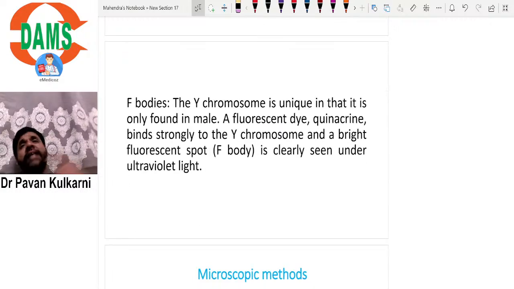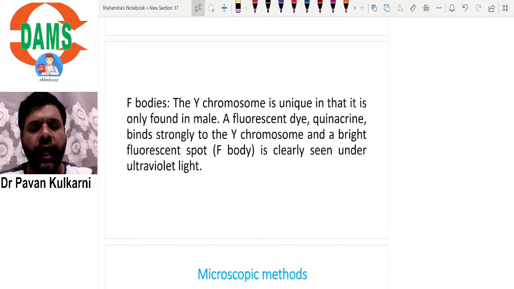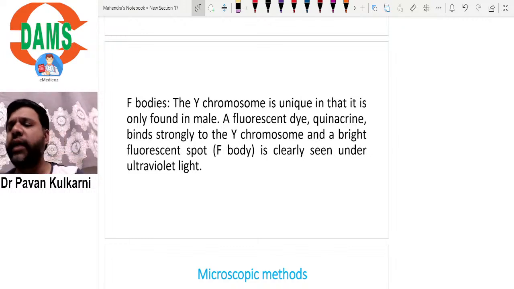Now, as we have the bar body for females, we have something called the F body, which is unique to males. This F body is unique to the Y chromosome. How to identify this F body? How to remember this?